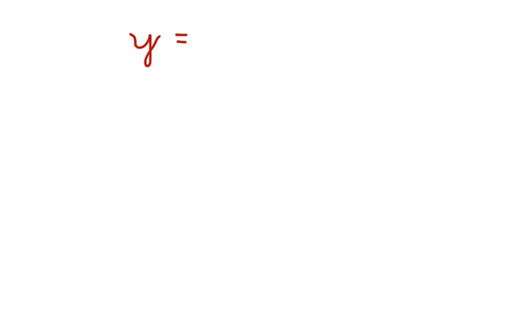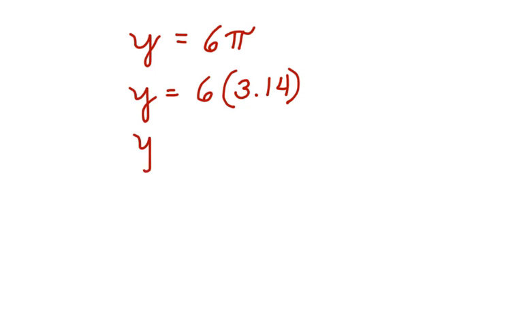Let's say that y is equal to 6 pi. Again, I'm going to use 3.14 as an approximation for pi. And I can say that y is equal to 6 times 3.14, and then y is approximately 18.84.